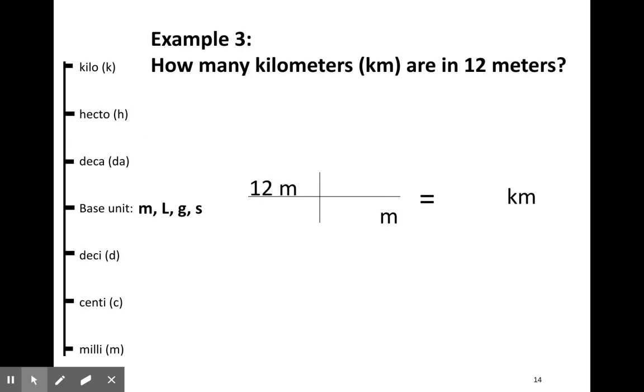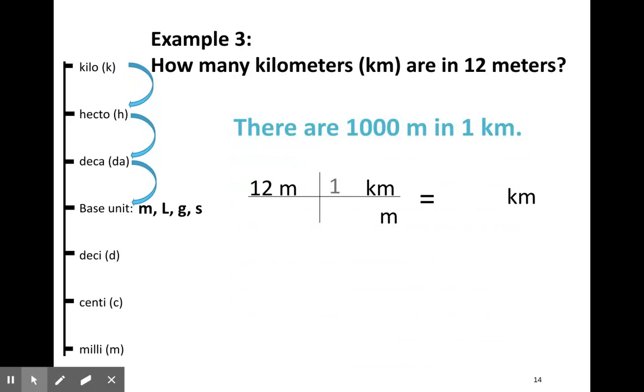So I have meters at the bottom. I know that my final unit's going to be kilometers. So I know that there are 1,000 meters in a kilometer. So 10 times 10 is 100 times 10 is 1,000. There are 1,000 meters in 1 kilometer.